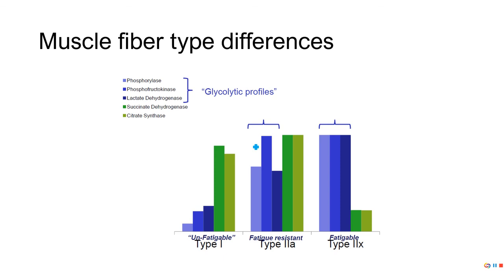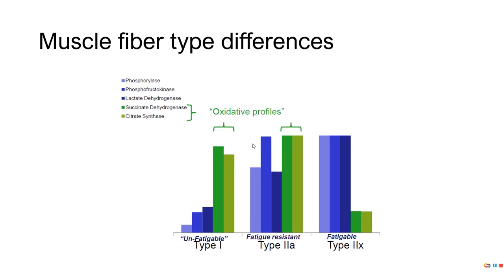type 2X. Now, if we did the same thing but look at the oxidative profiles, it's the same figure, but now green represents those oxidative enzymes. So succinate dehydrogenase and citrate synthase. Type 1 and type 2A have high levels of those oxidative enzymes, whereas type 2X does not.